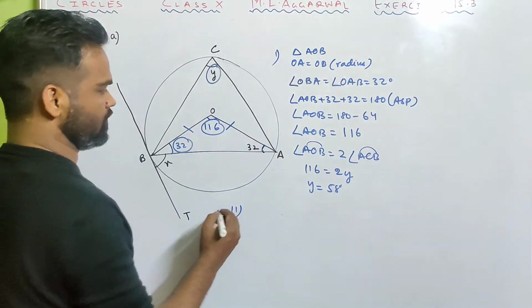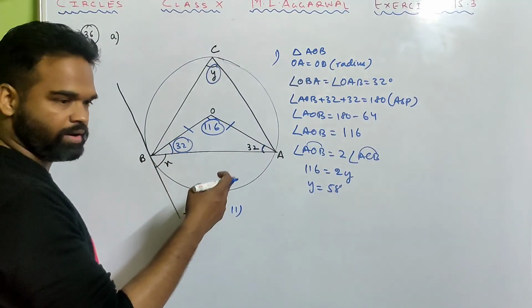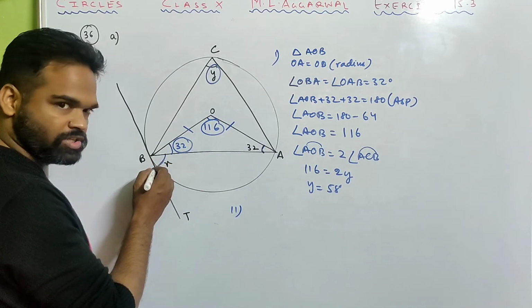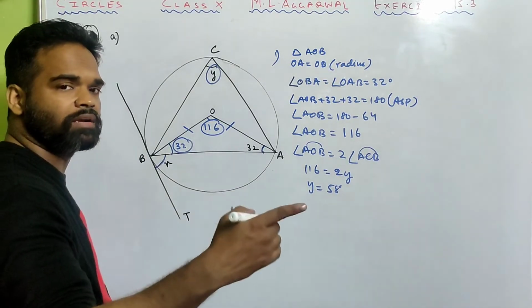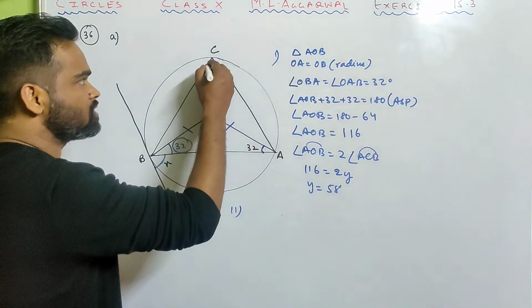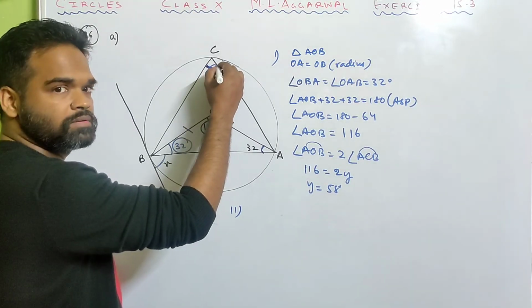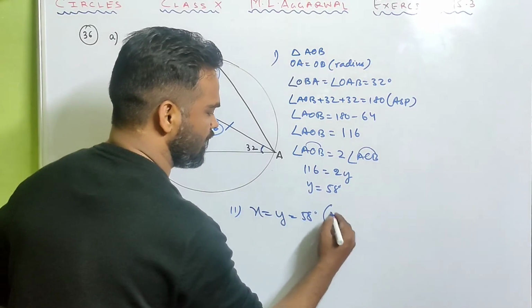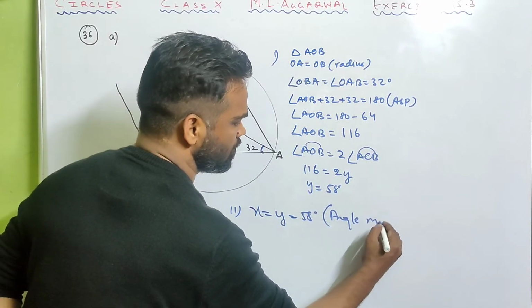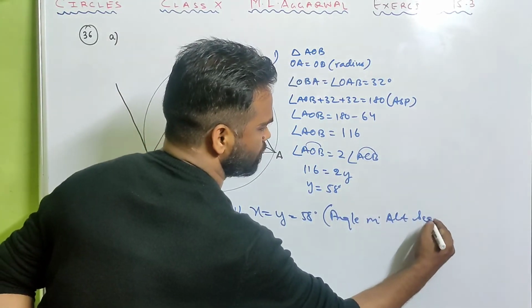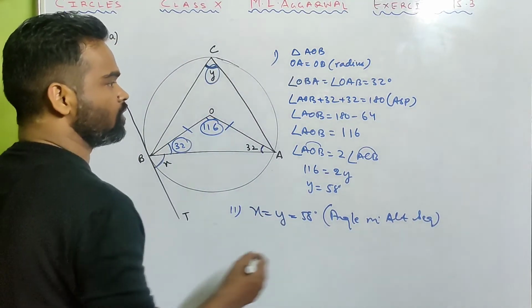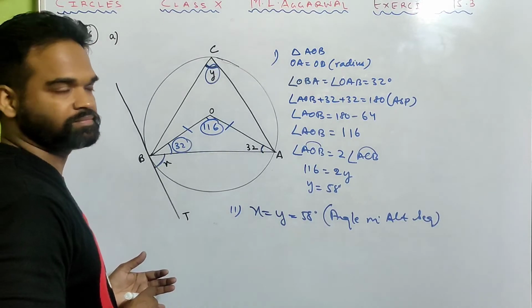Now look carefully. AB is the chord, BT is the tangent. So the angle between the chord and the tangent is equal to the angle formed in the alternate segment by the chord, which means x equals y. Angle in alternate segment, which means x and y are equal, and that is equal to 58 degrees.